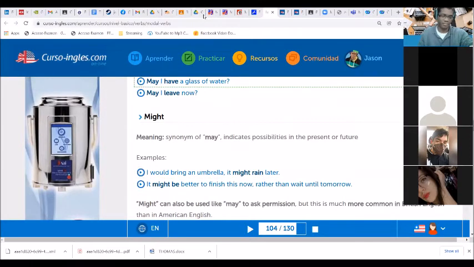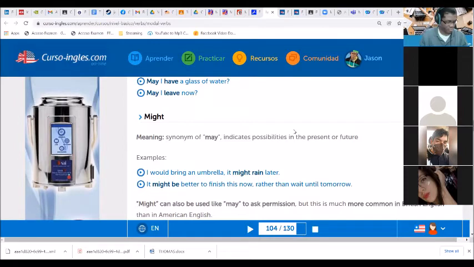Might, meaning synonym of may, indicates possibilities in the present or future. Examples: I will bring an umbrella. It might rain later. It might be better to finish this now, rather than wait until tomorrow.